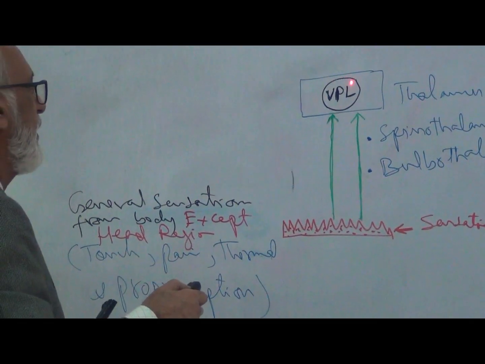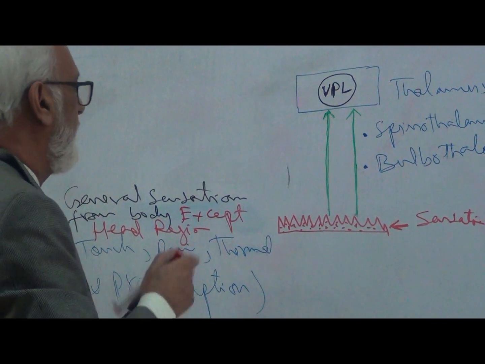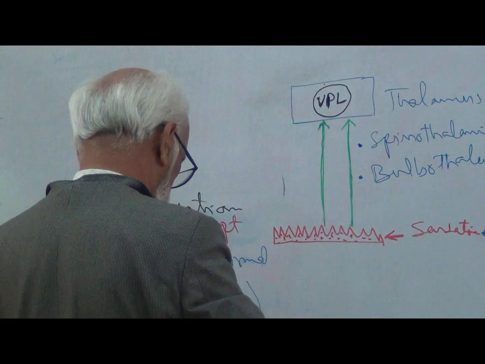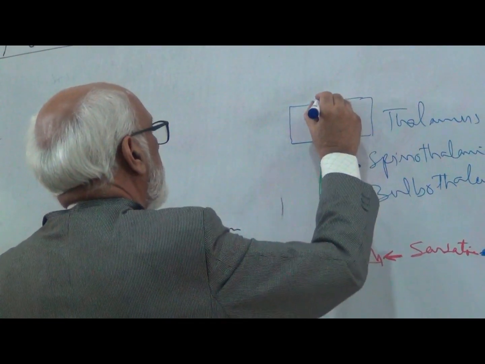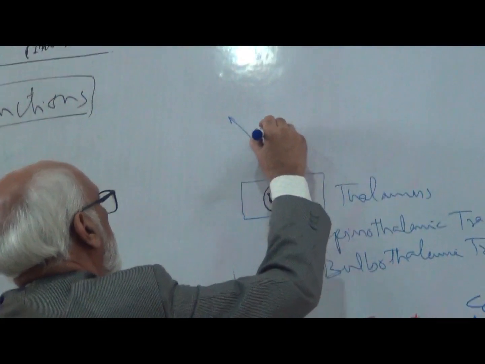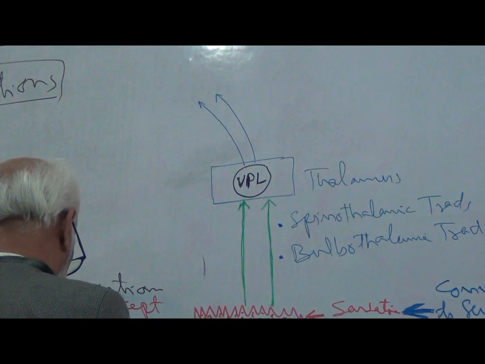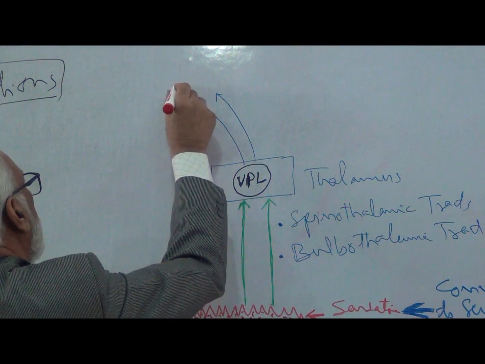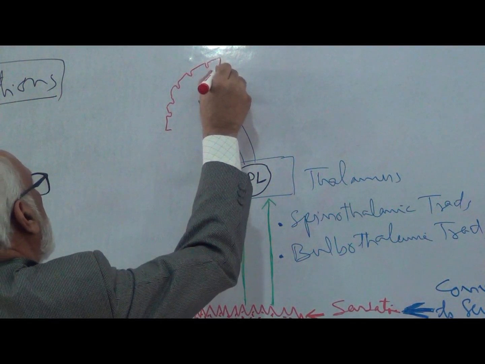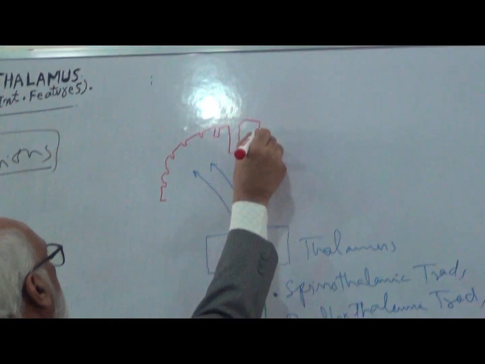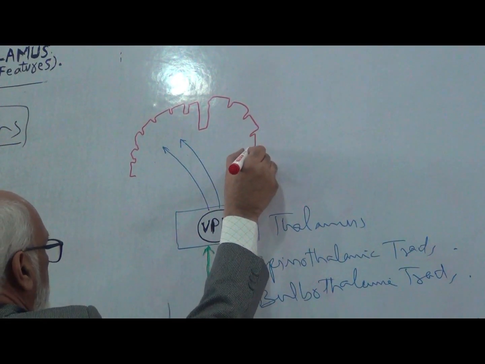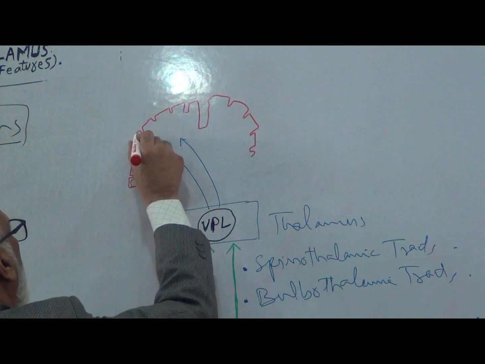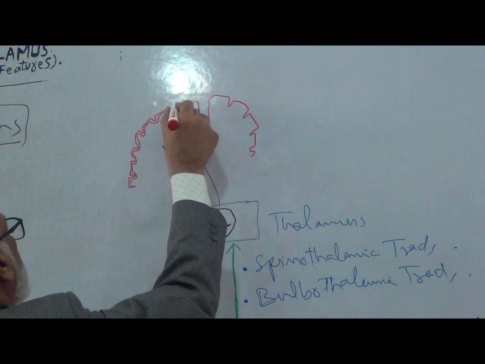These are relayed in the ventral posterolateral nucleus, and from this nucleus these impulses pass to the opposite cerebral hemisphere, the cerebral cortex of the opposite side. This is, suppose, the cerebral cortex, right and left cerebral hemisphere.